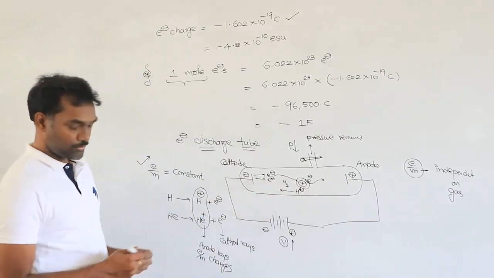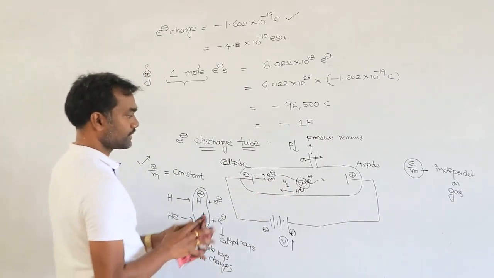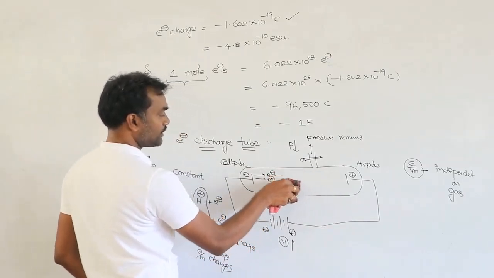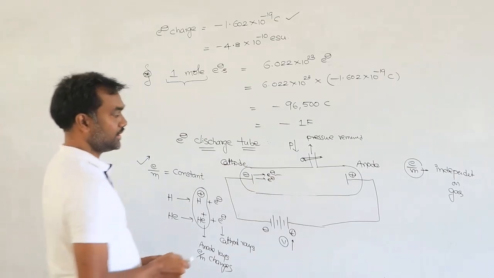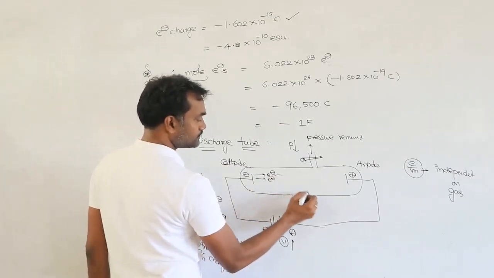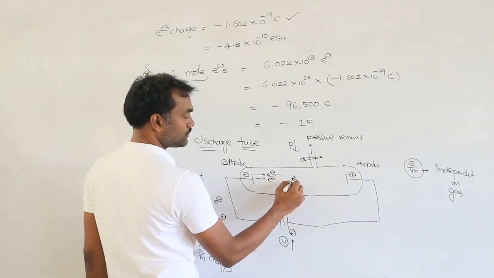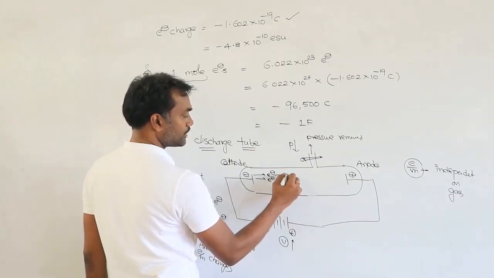Next, suppose in the cathode ray path we put a wheel.